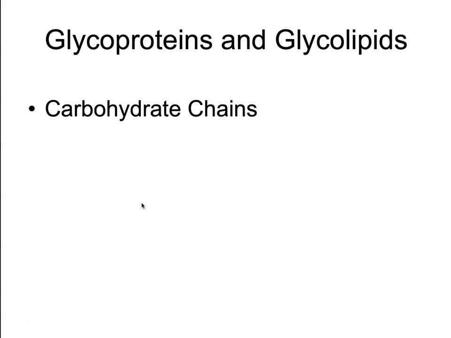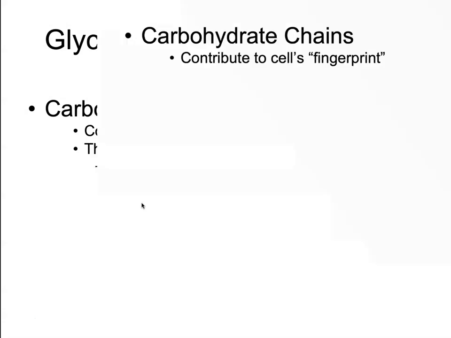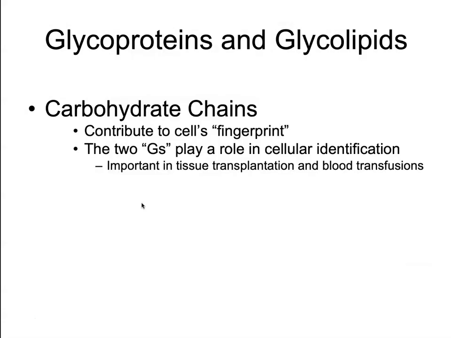And the reason why they're found on the outside of the cell is because they contribute to the cell's fingerprint. The two G's play a very important role in cellular identification. These chains are going to vary in number, in the sequences of sugar, and in the branching structure of those carbohydrates. And every cell within an individual has its own fingerprint due to these individual markings.